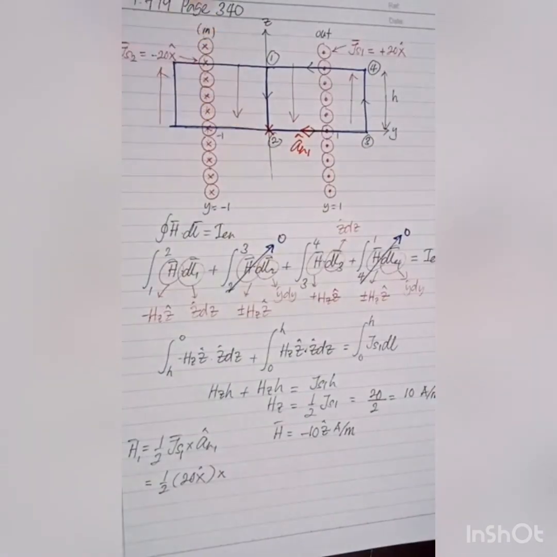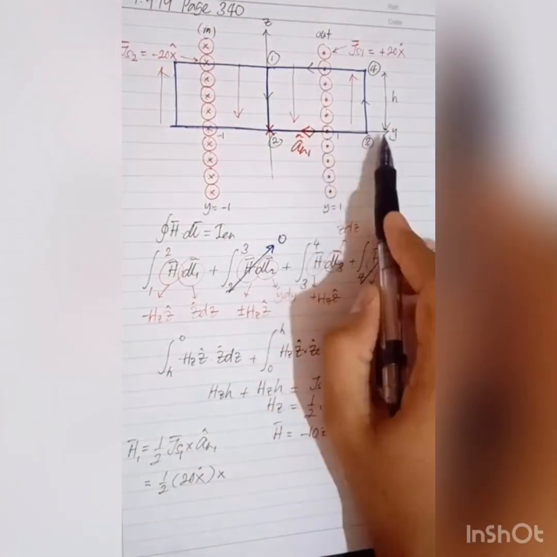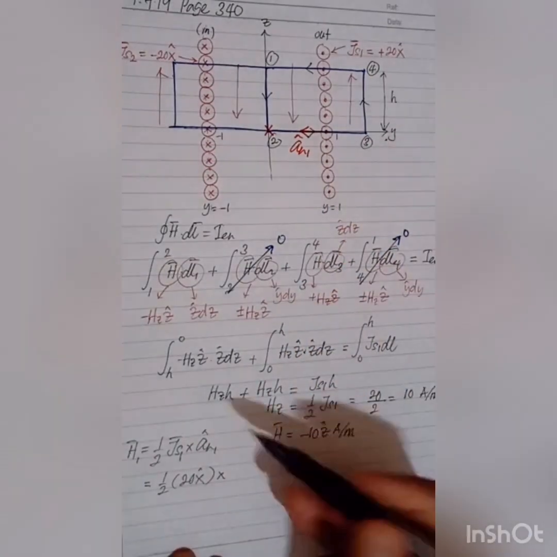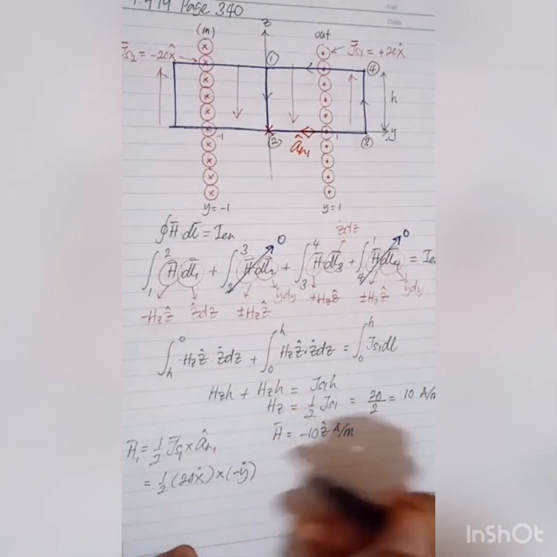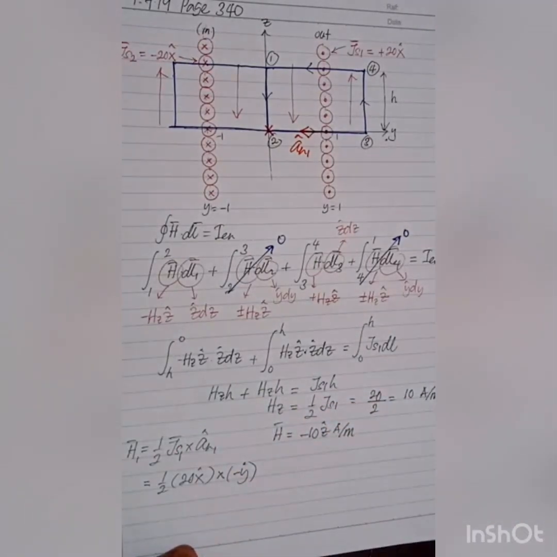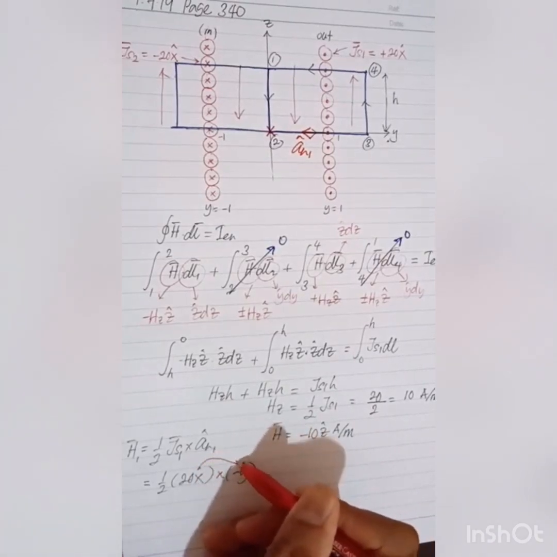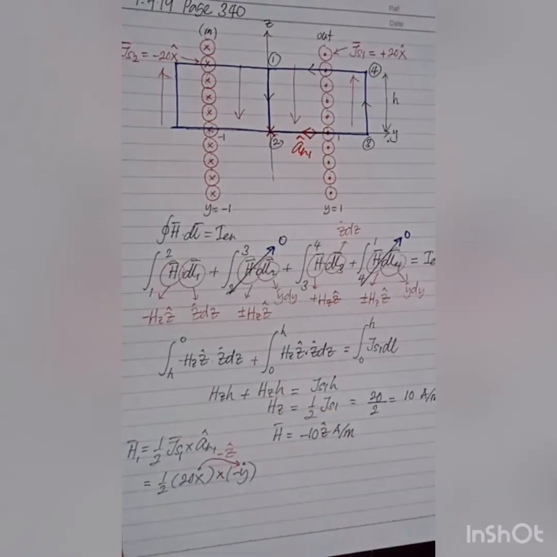So in this case, we know that the an1 is equal to negative y, right? It points against the y-axis. So now we have here negative y. If you do the cross product between x and negative y, you will finally have the answer negative z.